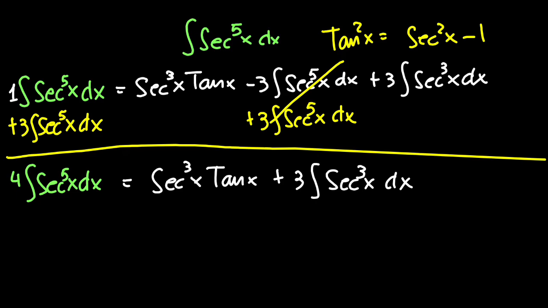And now the next step would be to eliminate the coefficient of 4 in here, because what we only need is a singular integral of secant to the power 5 of x. And so what we're going to do here would be to divide all sides by 4.